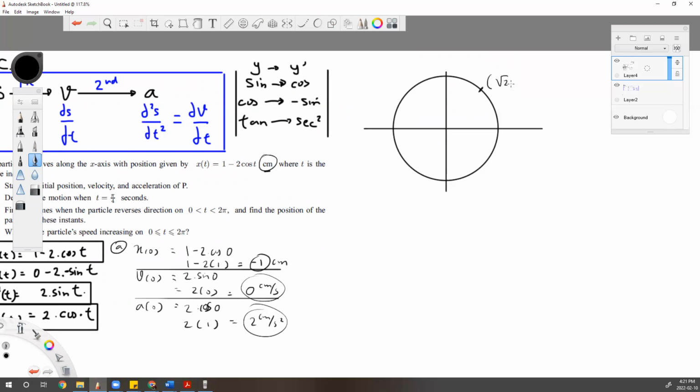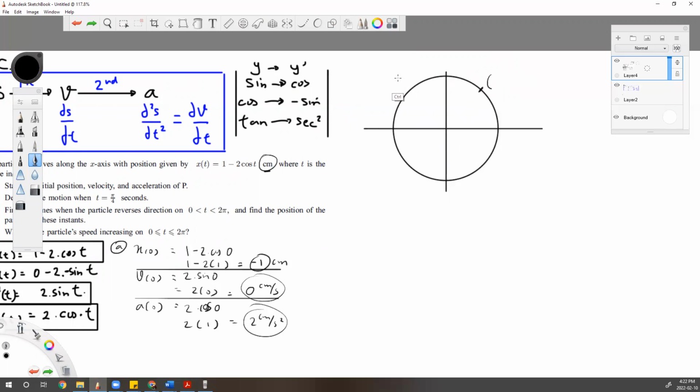So this is square root 2 comma square root 2, right? Remember these rules? And then this is the multiple of pi over 4, yeah? So this is negative square root 2. Wait, wrong.